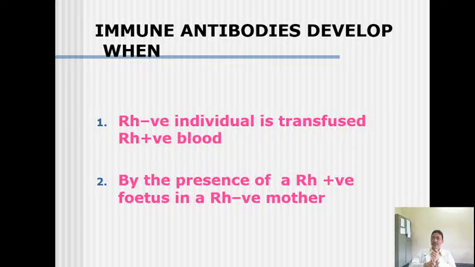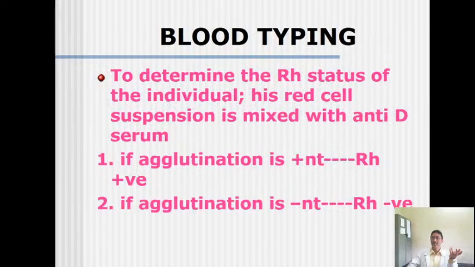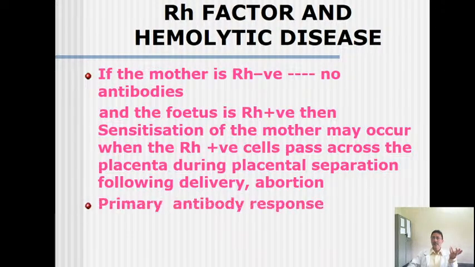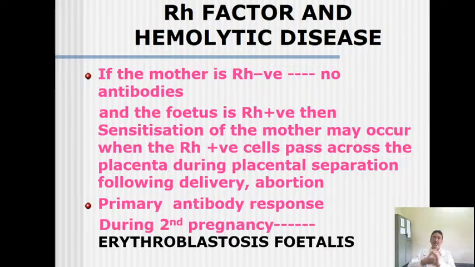The second condition is the presence of an Rh positive fetus in an Rh negative mother. Now we go back to our topic of erythroblastosis foetalis. What is Rh erythroblastosis foetalis? The condition is that the mother is Rh negative, the father is Rh positive, and the fetus is Rh positive.